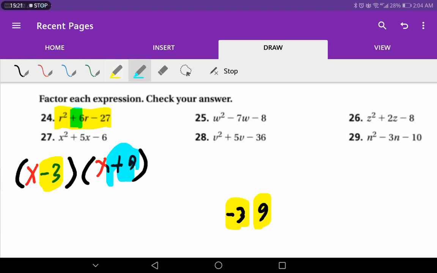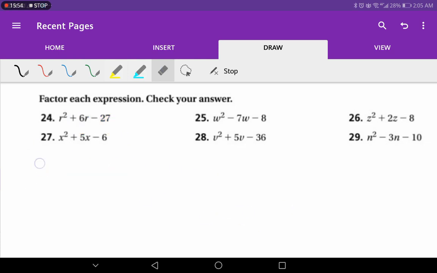And as you see here, the middle term is positive, yes? So the bigger factor must be positive. Are you happy with that? No? Okay. Again, if the middle term has a positive sign, that means the bigger factor must be positive. Okay, just to know.